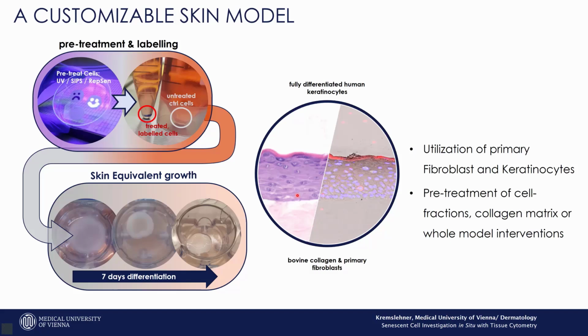In this case, we introduced a fraction, 5%, of replicative senescent keratinocytes that were fluorescently labeled to be able to visualize them in the harvested sections.